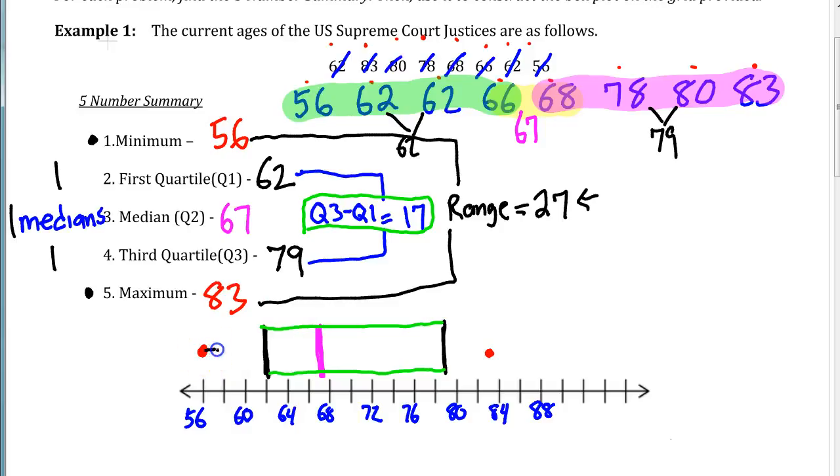And then you also put some lines to connect the minimum to the Q1 and the maximum to the Q3. So that's what they call a box plot, sometimes called a box and whisker. Of course, the box being the green part here, the whiskers being the min and max on either end.